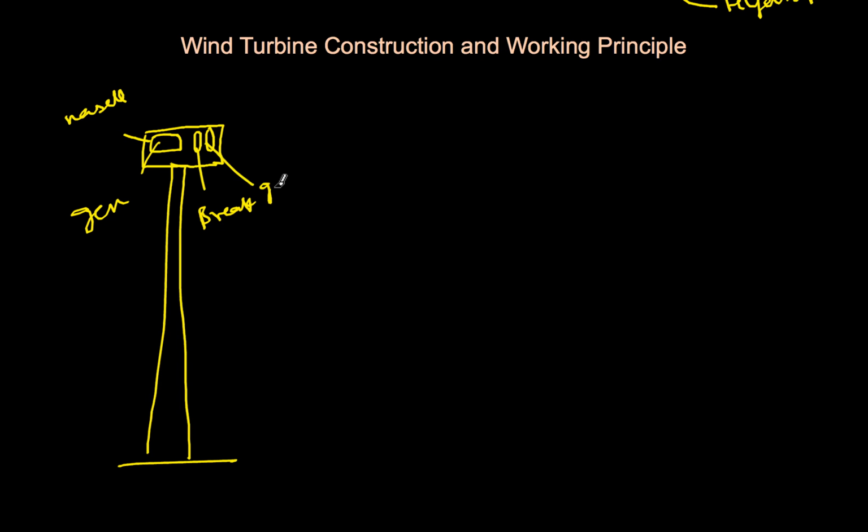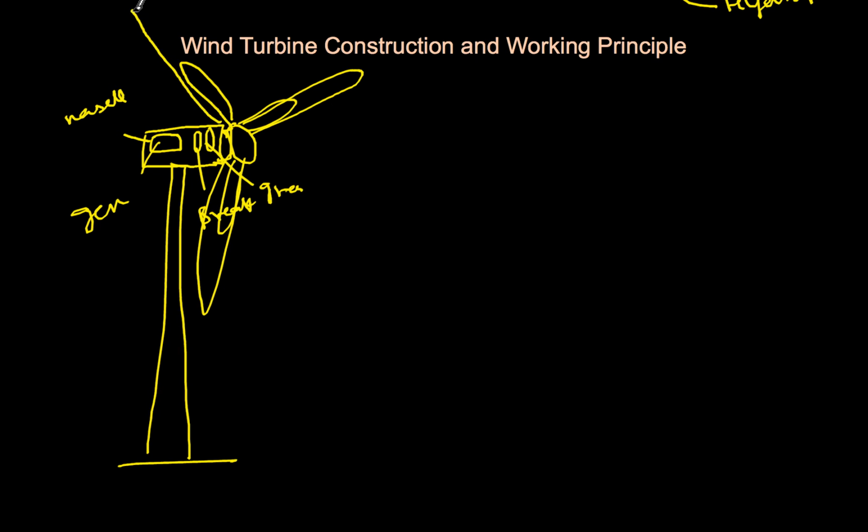This may be a gear system, and then this is connected to the wind blades. Of course, I'm drawing very small. Actually, the wind blades will be much bigger. I'm just drawing smaller wind blades for this. So here the wind is blowing, and then this will rotate, and then this gear wheel will rotate. There is a shaft, and then this is generating power.